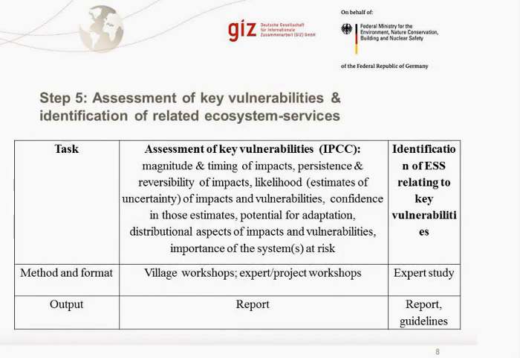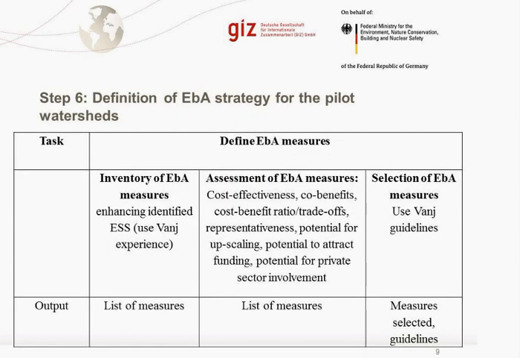Yes, this is maybe just to show you that when it comes to the assessment of the key vulnerabilities, we were using the IPCC criteria for assessment of key vulnerabilities. It's not so important at this point, just to show you. And then also for the assessment of the EBA measures, we use certain criteria.